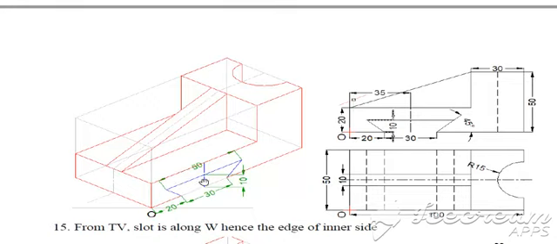Instead, take this height as 10 mm from the midpoint. Now from this midpoint, draw a line parallel to this length, and on that line from the midpoint mark 25 mm on this side and 25 mm on the other side, and simply join the end points till this 30 mm end point and complete the slot.